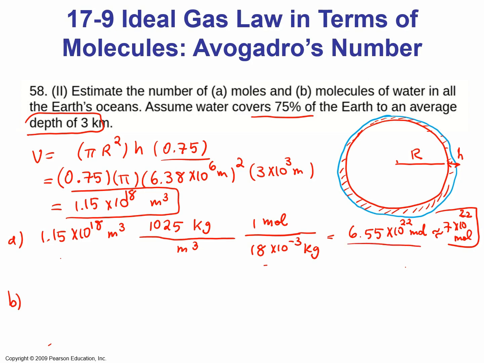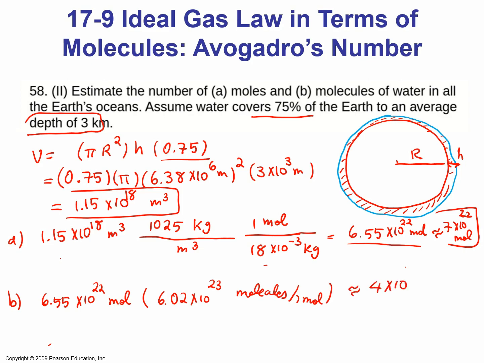Let's put the exact value, 6.55 times 10 to the 22 mole, and multiply by Avogadro's number, 6.02 times 10 to the power 23 molecules per 1 mole, and that gives us roughly 4 times 10 to the power 46 molecules. That's a crazy large number, unimaginable.